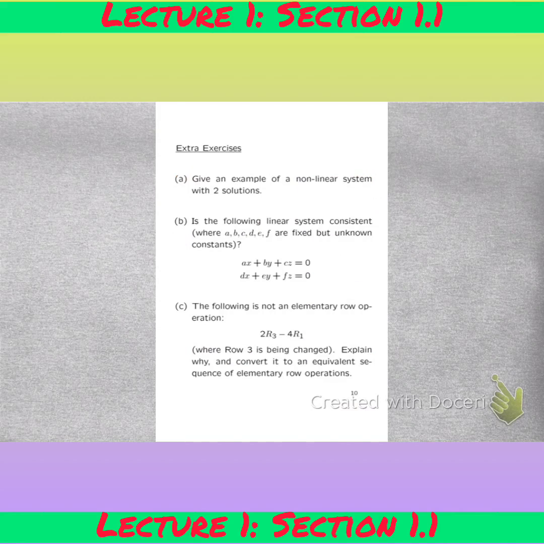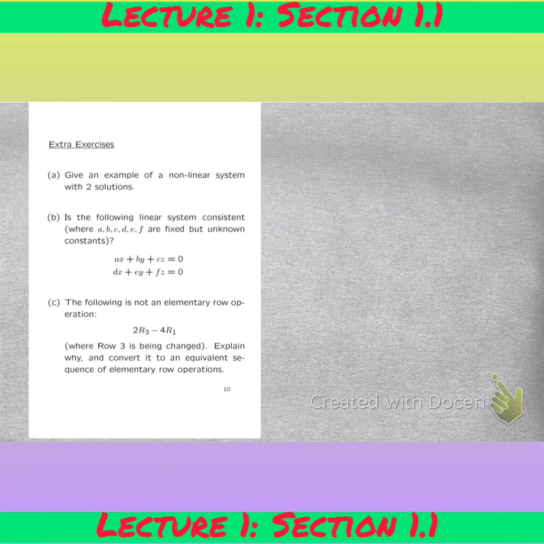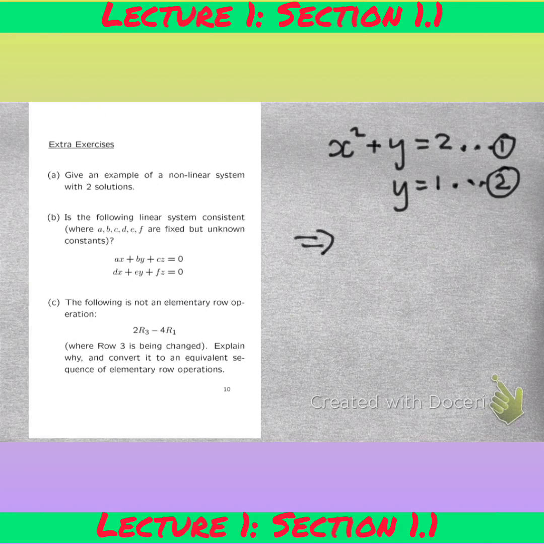So having said all of that, let's look at the following three examples very quickly. The first one asks us to give an example of a nonlinear system with two solutions. So take the system x squared plus y equals 2 and y equals 1. We can substitute the second equation into the first and get x squared plus 1 equals 2.